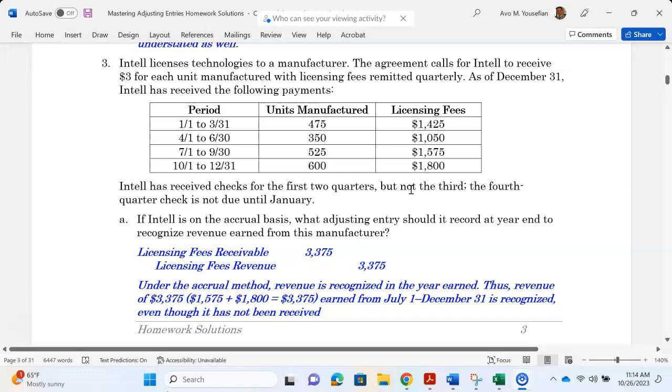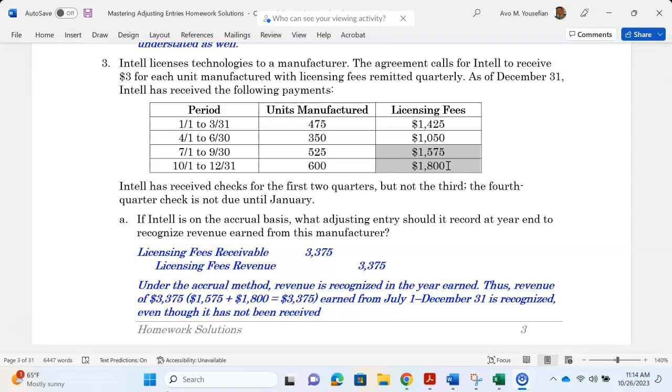They didn't receive that. If Intel is on the accrual basis, what adjusting entry should it record at year end to recognize revenue earned from this manufacturing company? So they were supposed to receive this, and the fourth quarter is also due within next month, January. So they have 2 quarters to recognize, even though they didn't receive anything yet.